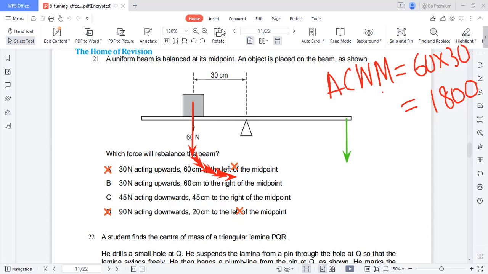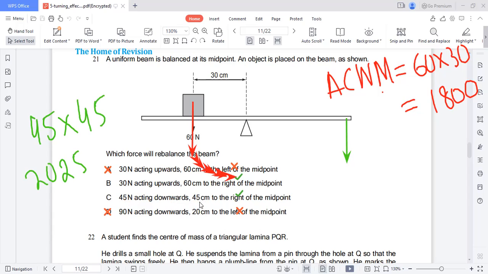So there they have the right option, which is right side. So let's calculate the movement generated by this one by one. So 45 times 45, if force is 45 and distance is 45, so it would become 2025.